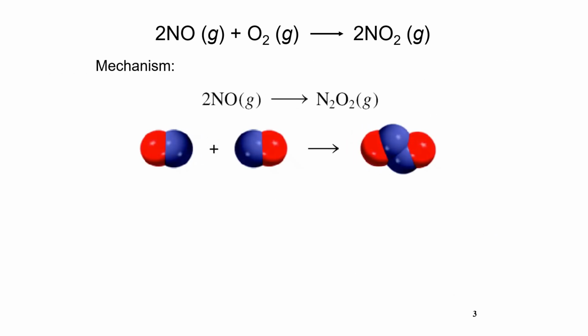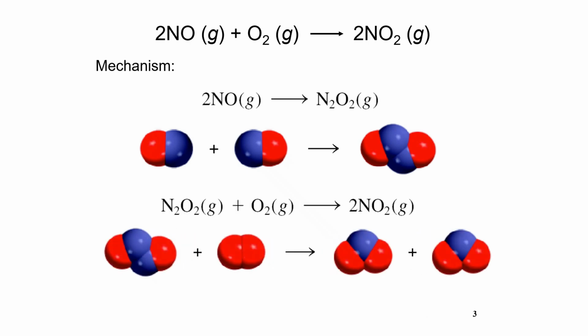Another way of visualizing this is to just look at the molecules themselves and imagine how they collide, how bonds are broken or how bonds are formed to lead first to our molecule in step 1, which in turn goes on in step 2 to form the final product.